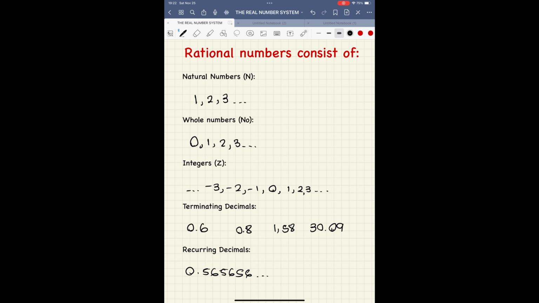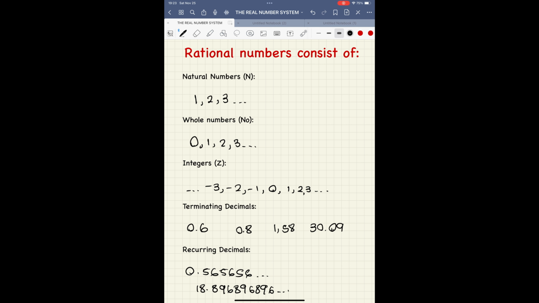Or another example, you can have 18.896896, and so on. The pattern keeps on repeating on and on and on, right? So for both of these decimals that I've given you, you should be able to see which ones have an ending and which ones do not.